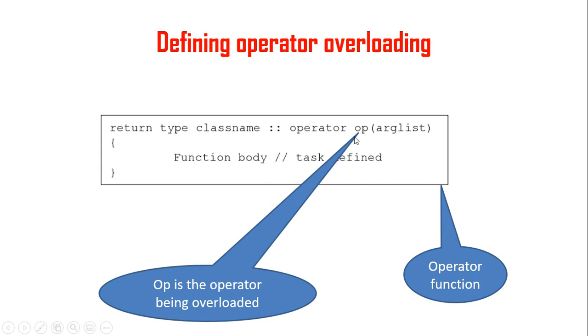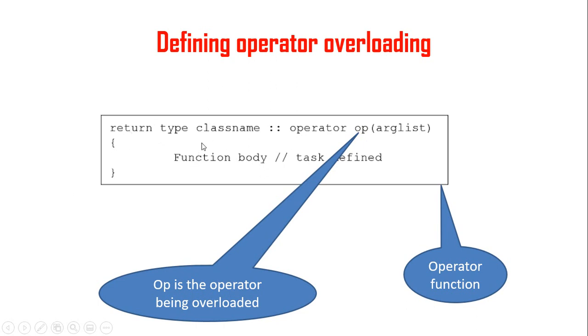And OP is the operator being overloaded. Then you have an argument list, then also a class name, and the class is connected with the operator overloading function by the scope resolution operator. Then the return type depends, whether integer, character or float.